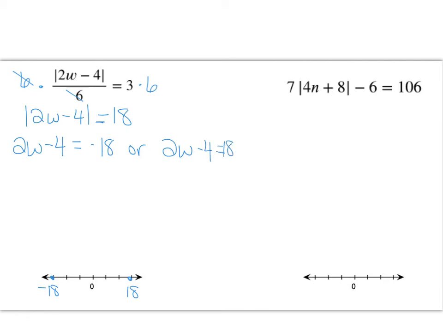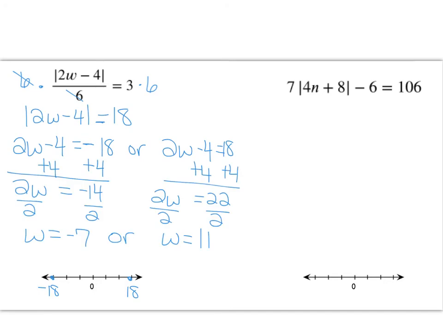Now you're ready to solve these two-step equations. So solve these two two-step equations and tell me the solutions to this absolute value equation. The two solutions to this absolute value equation are negative 7 or 11.